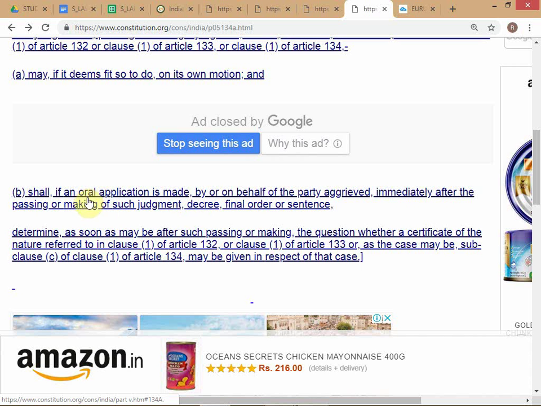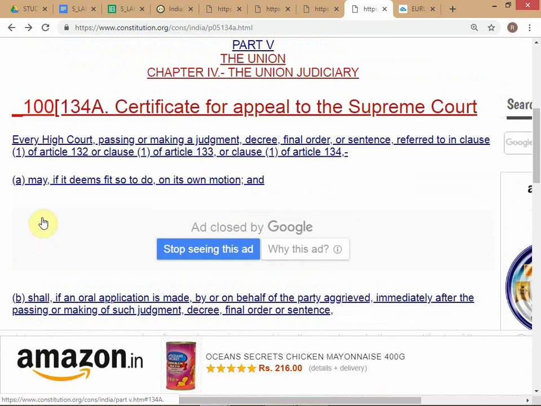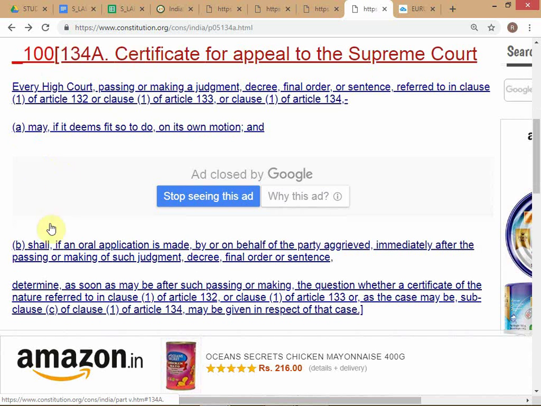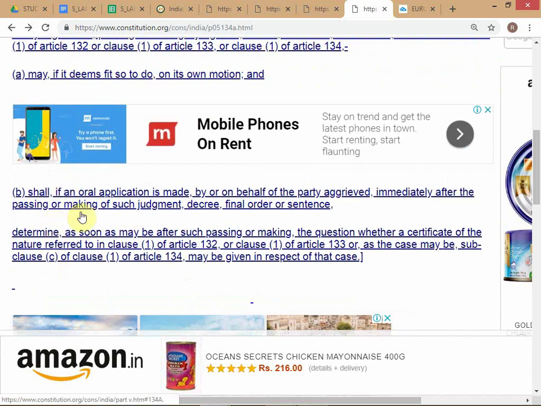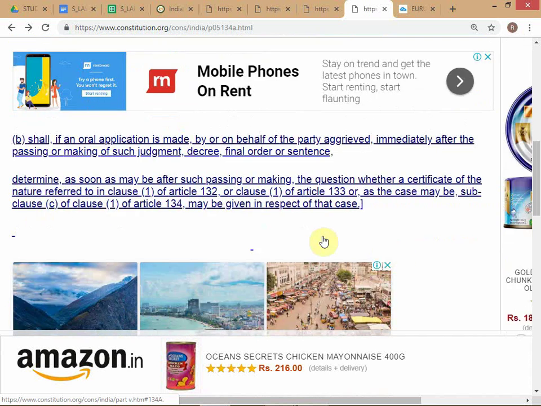So as soon as the High Court rules against you, your advocate should make an oral application to the court under 134A clause B, so that the High Court can determine whether any kind of certificate of appeal can be granted under 132, 133 or 134.